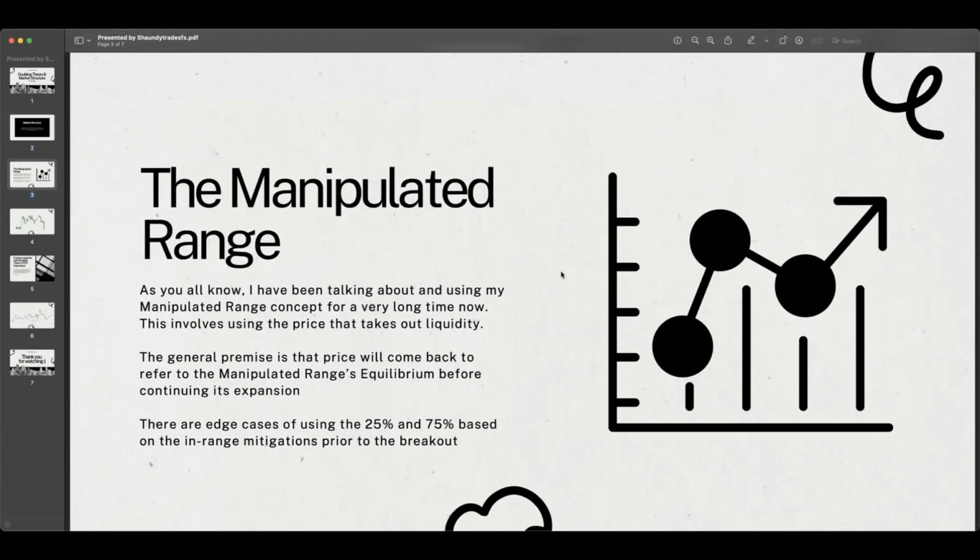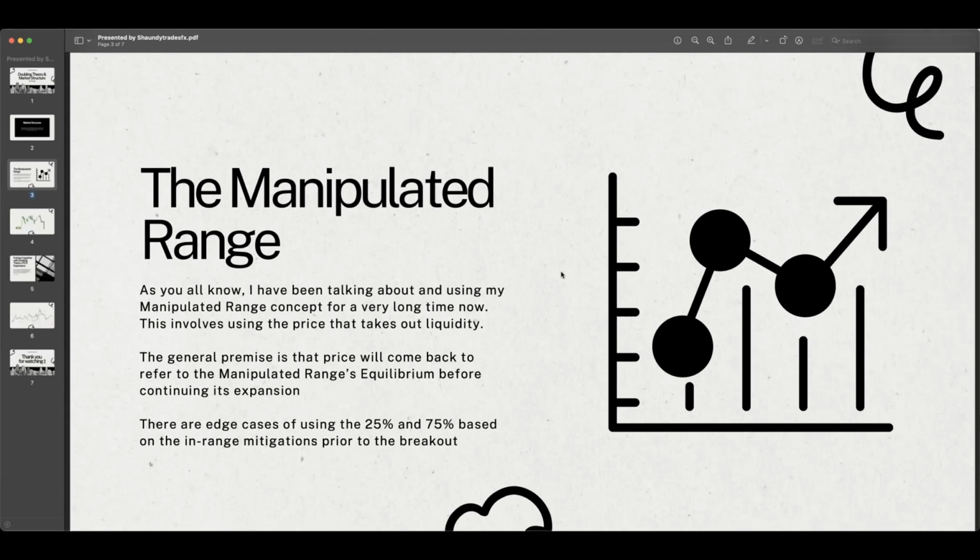Market structure from the Trading Academy's perspective is based on the manipulated range. As you guys know, the manipulated range is something I've been talking about for the past 2 years, and I put it on YouTube 1 year ago, as I sent to you on the Telegram group. This involves using the leg of price that takes our liquidity, or the leg of price that goes into a fair value gap and then causes a swing there.